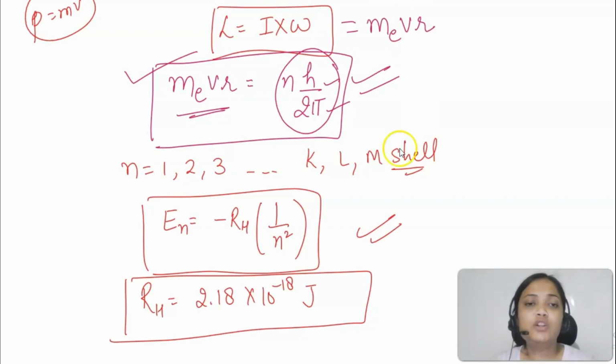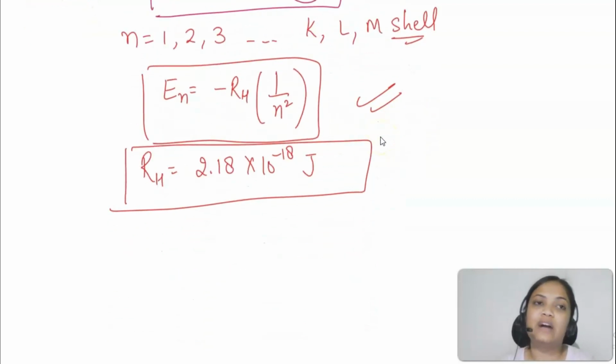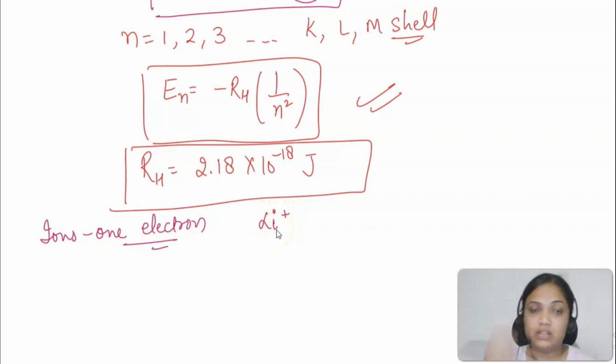So students, not just for hydrogen, this is valid for the ions having one electron, the hydrogen-like ions that we have, for example Li2+, He+, Be3+. They are all having one electron.